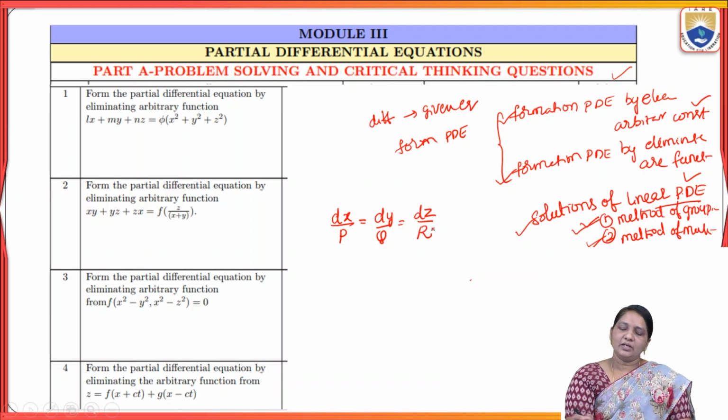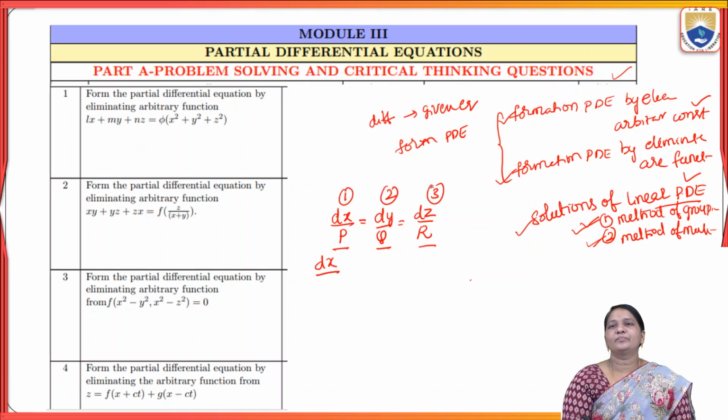We need to identify the P, Q, R values from the given equation. After that we take the set of equations, here the first is 1, the second is 2 and the third is 3. The general solution of the given equation has the form phi of u comma v equal to 0.